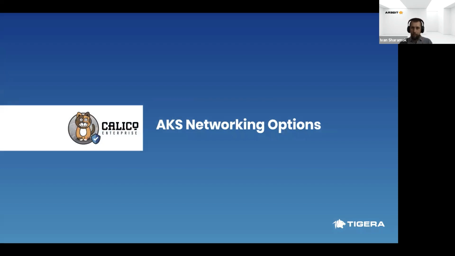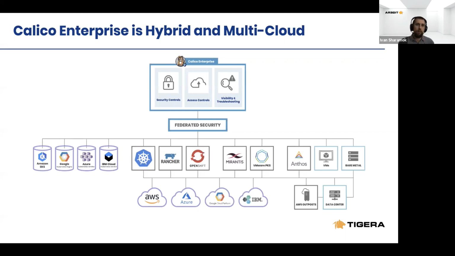Before I jump into AKS networking options, a quick overview of Calico Enterprise. Calico Enterprise is built on top of Project Calico, and the main focus there is ease of use in day 2 operations, as well as providing some additional extra features mostly utilized in the enterprises.